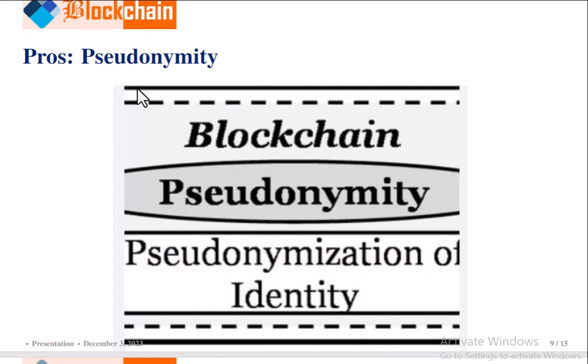Another benefit of blockchain is pseudonymity. So what is it? It is a level of privacy in which a participant is identified by their public key rather than personal information.